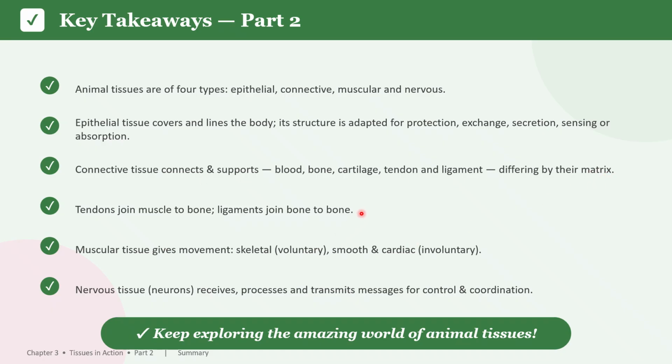Tendons join muscle to bone while ligaments join bone to bone. Muscular tissue enables movement; skeletal muscles are voluntary while smooth and cardiac muscles are involuntary. And lastly, nervous tissue, made up of neurons, receives, processes and transmits messages, helping the body to sense, communicate and respond.